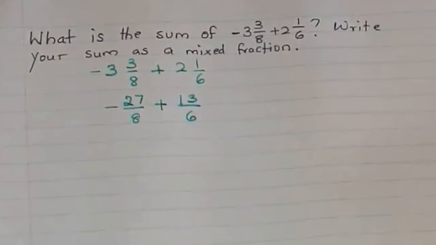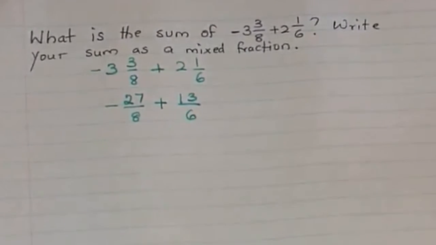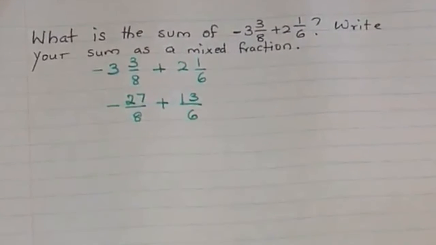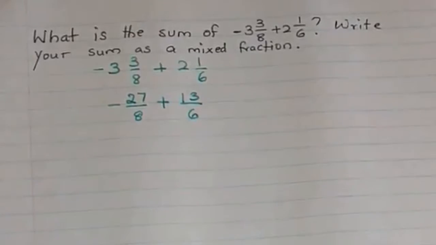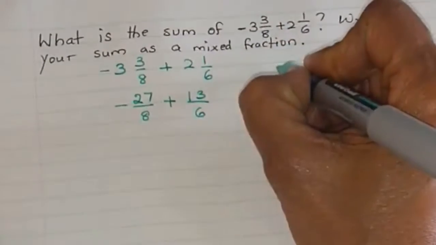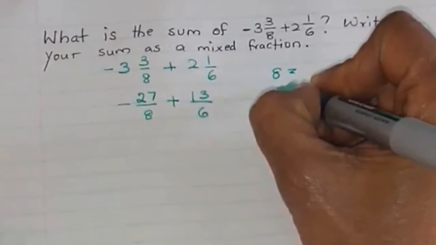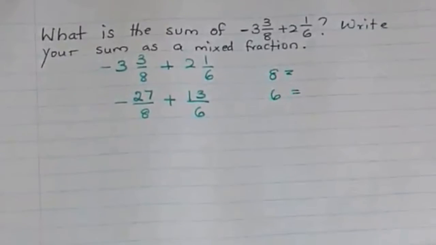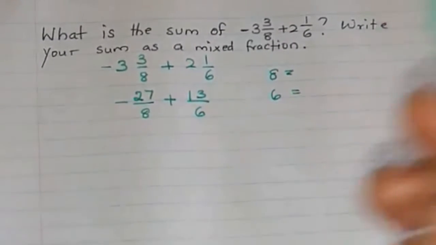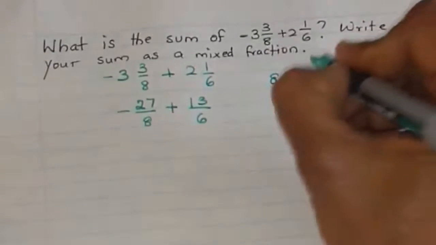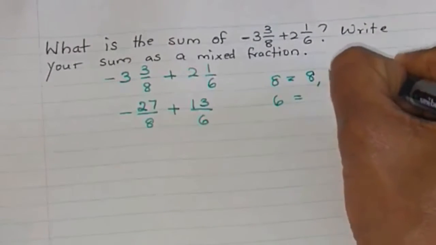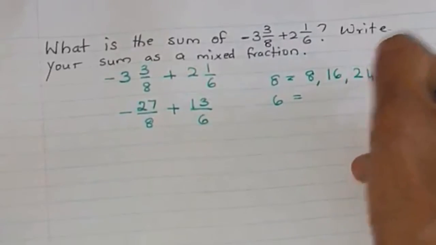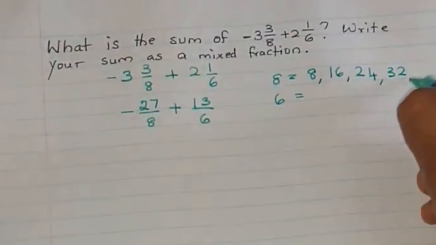So to do that, I need to find a common denominator, which is the least common denominator. In other words, I'm finding the least common multiple of 8 and 6. Let me write the multiples of 8. So that would be 8, 16, 24, 32, and it's going to go on.